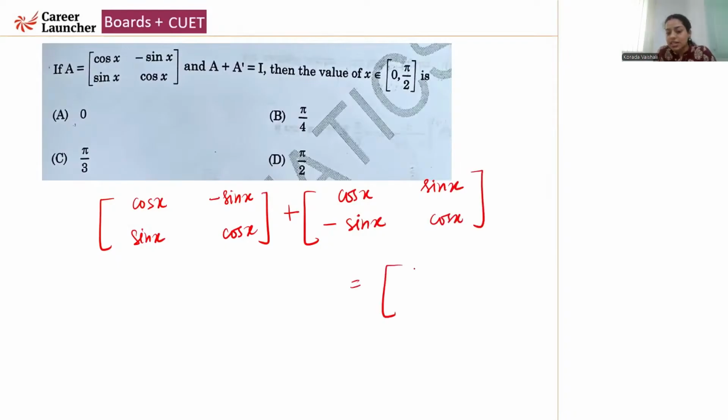Now this particular sum is equal to 1, 0, 0, 1. Now what you need to do is compare the sum. So what is it coming out to be? 2 cos x is equal to 1, right? I'm just comparing the corresponding elements. So what will this give us? Because cos x is 1 by 2, it is only at one option, which is option number C, right? Which is pi by 3.